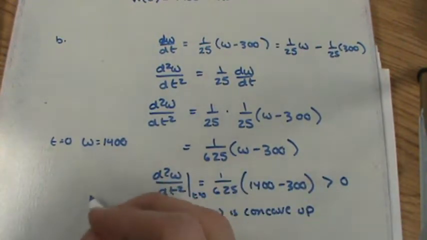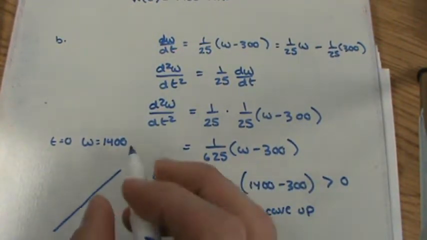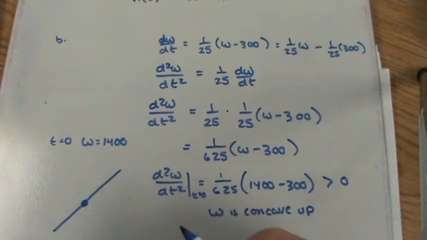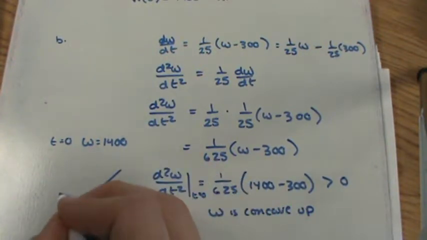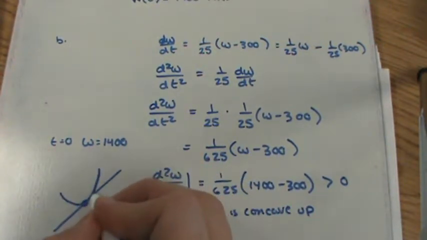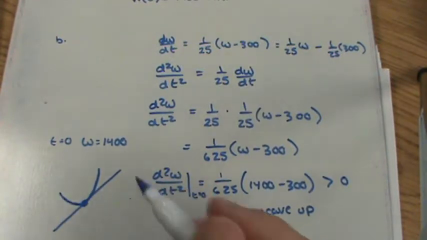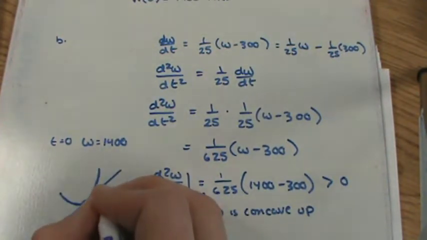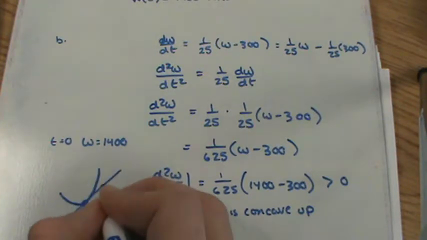Well, let's think about what that would look like. Here's a tangent line. And here's the point at 0. If your graph is concave up at that point, and let's say this is your approximation we found in part A, what does that tell me about the actual value?